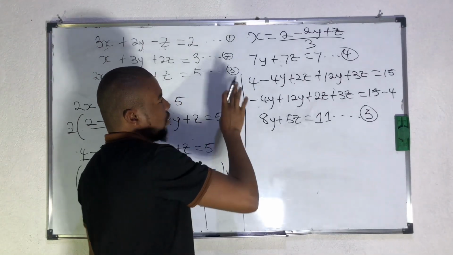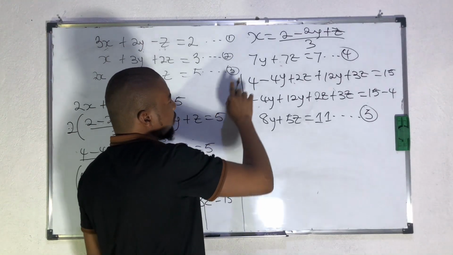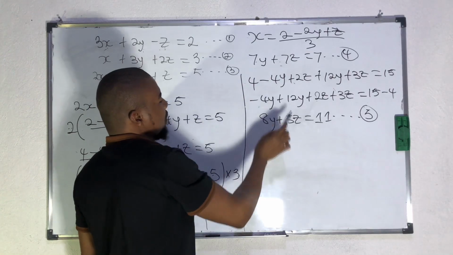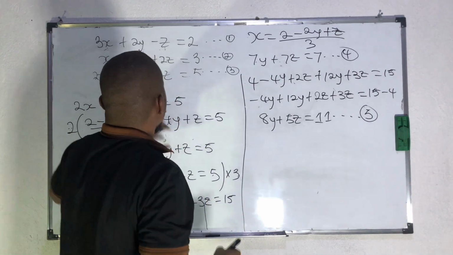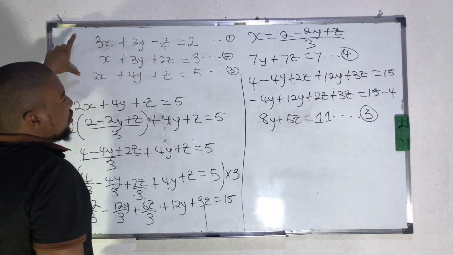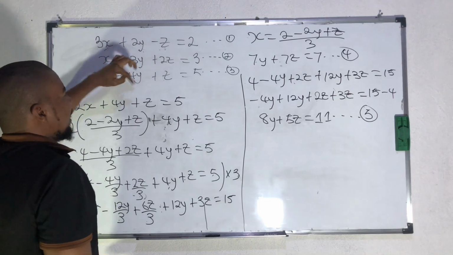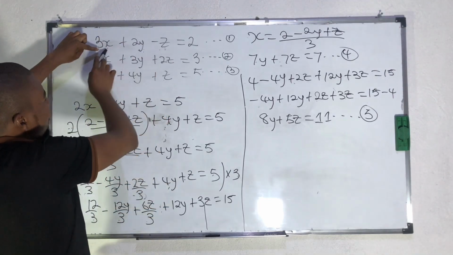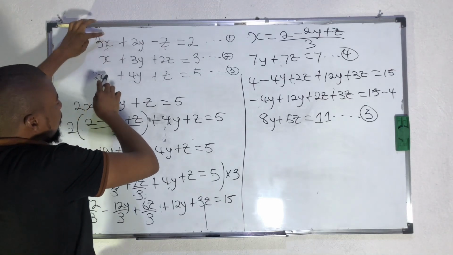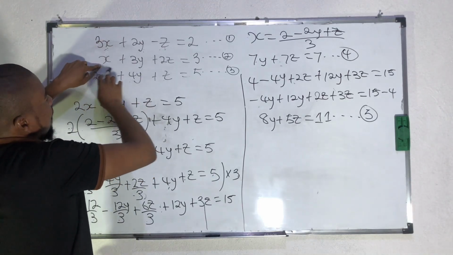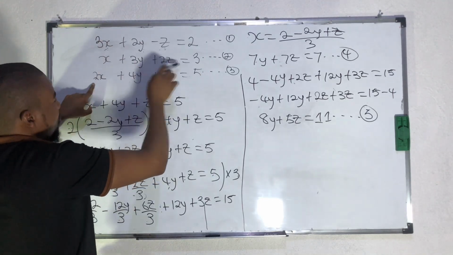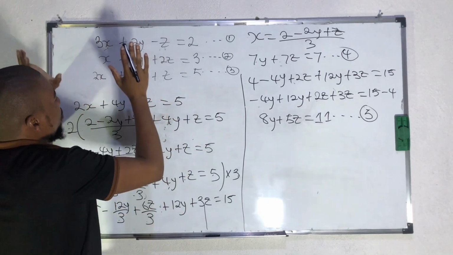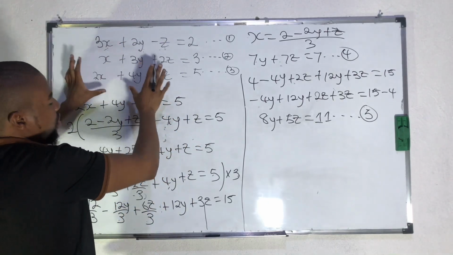Please, whenever you obtain your 4th and 5th equations, don't go back to substitute again. You are done with your substitution in the original equation, or I will say the mother equation. We made x the subject in equation 1, we substituted it in equation 2 and also did the same in equation 3. Therefore, we are done with the original equation for now.